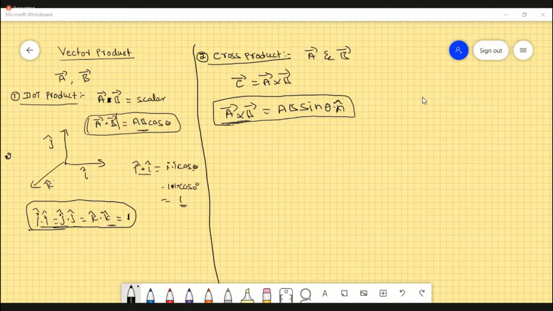For finding the direction, we use the right hand thumb rule, or also the screw rule.